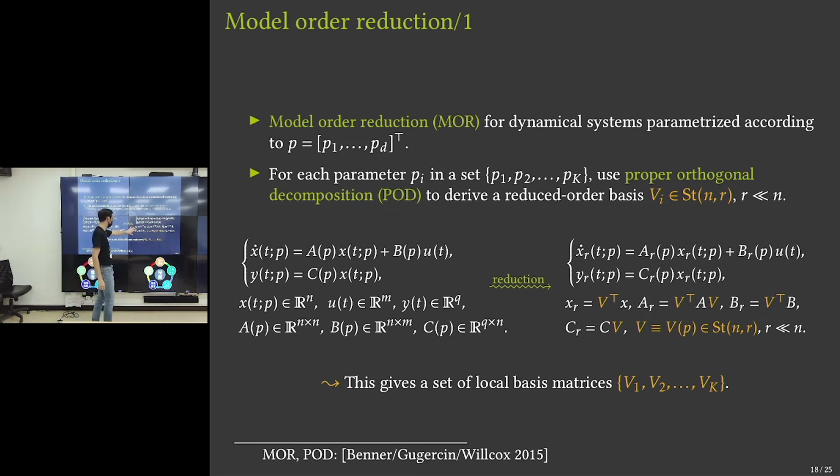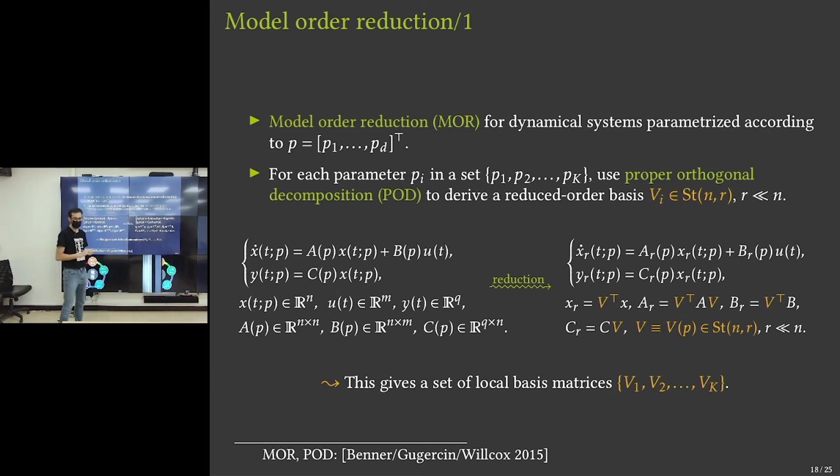And these reduced quantities, vectors and matrices, are just given by projections. When we do V transpose times the original vector, and V transpose A V, sandwiched, it gives a matrix A_r, which is of size r times r. So a smaller matrix, etc. That's why I highlighted them in yellow. They are all reduced matrices and vectors.